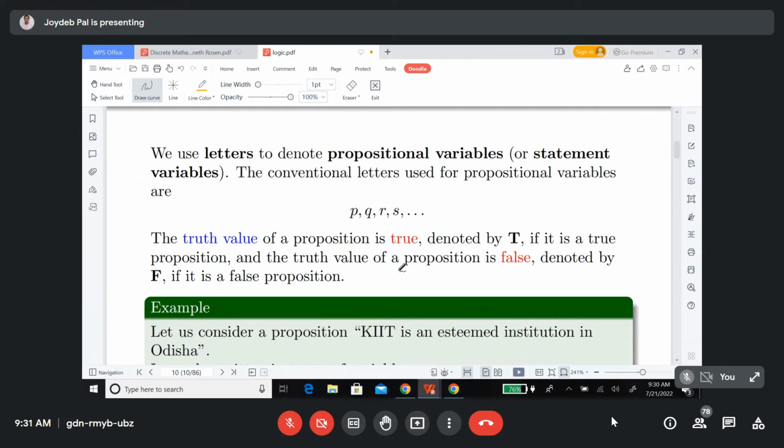Whenever a proposition is false, we denote it by capital F. But T and F are not notation for the proposition; they are notation for the truth value, and P, Q, R, S shown here are notation for propositions. Any doubt?